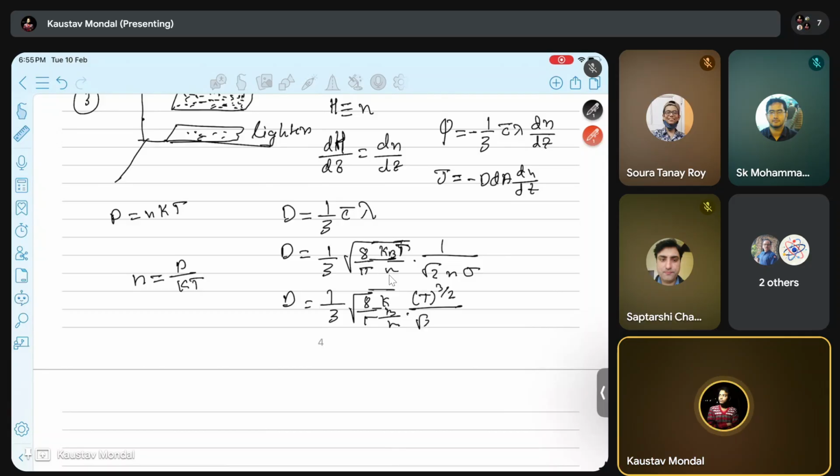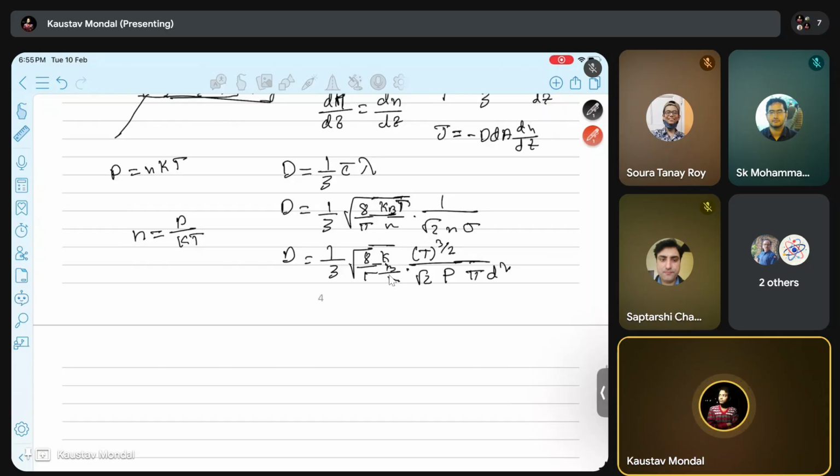There is a root 2 here, and p is also there in the denominator, and sigma is pi d square. So that means here the diffusion coefficient D is related to the 3 by 2 power of T, and it's inversely proportional to the pressure.